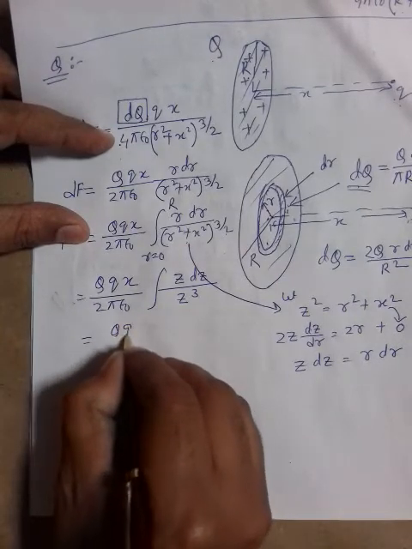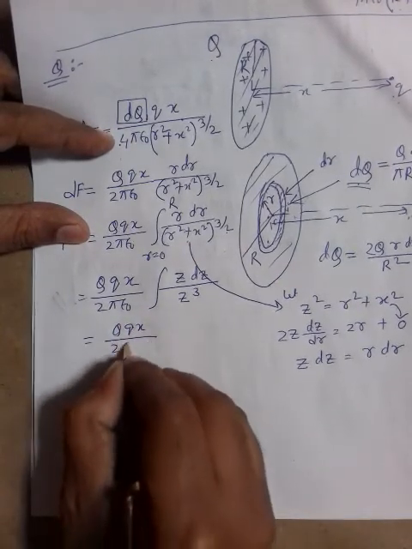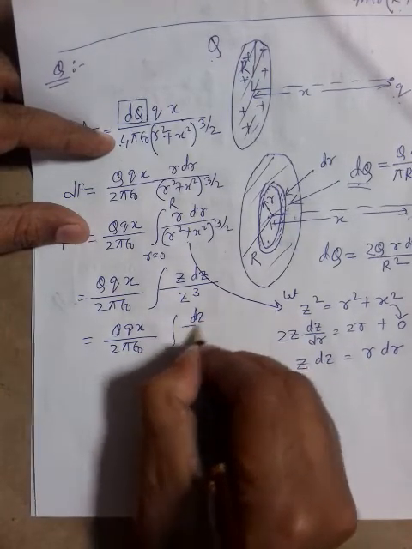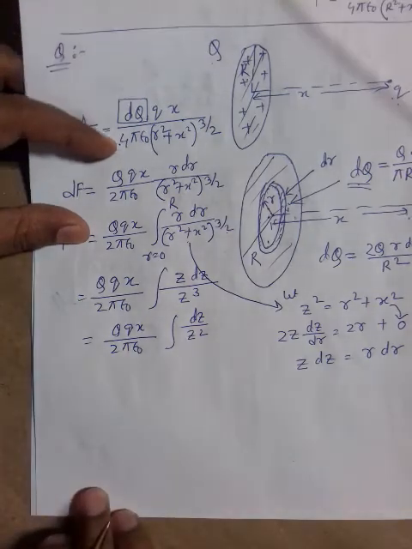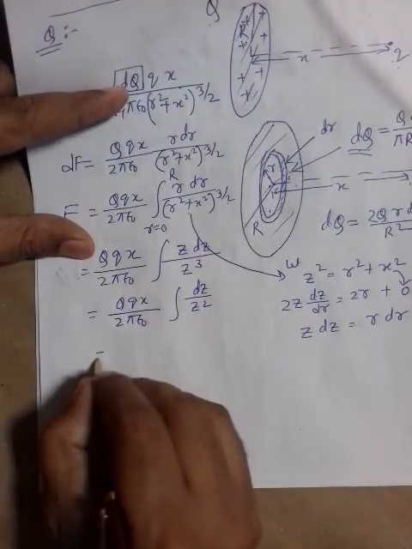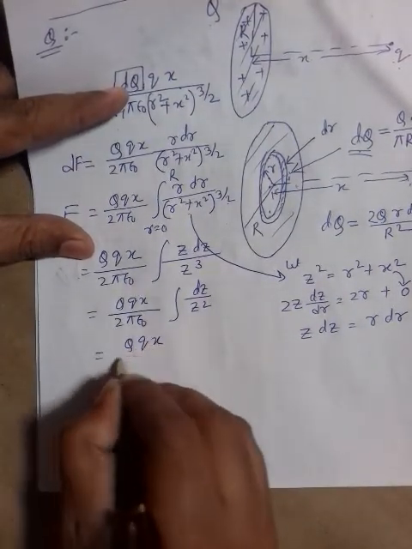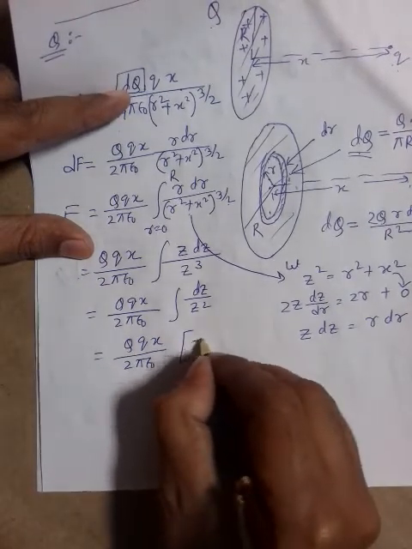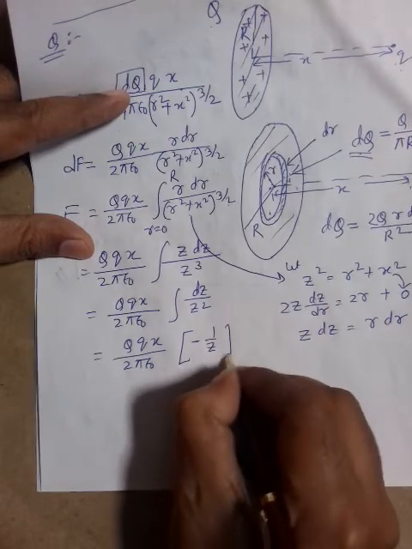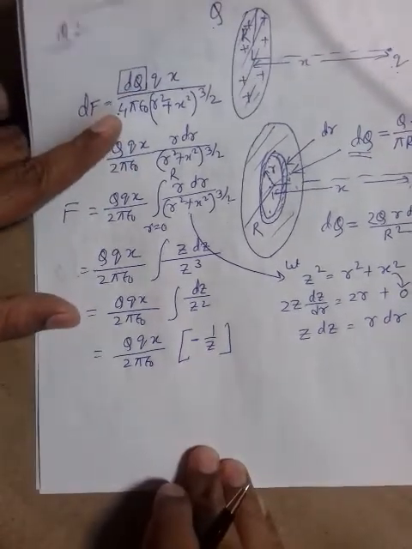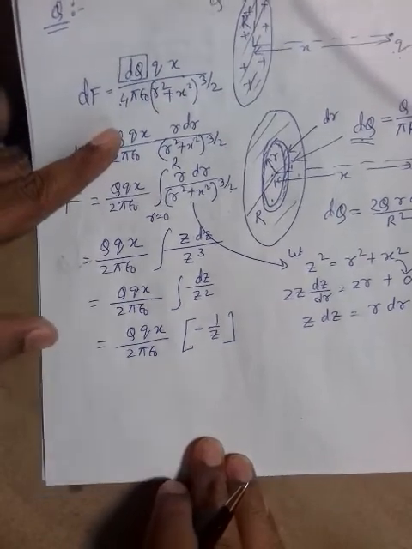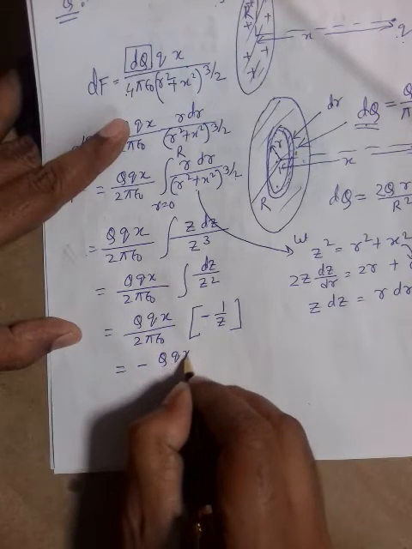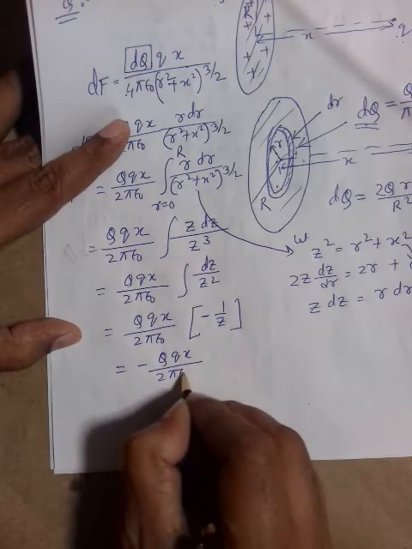So capital Q small q x by twice pi epsilon naught is integration of dz by z square. Integration of dz by z square is minus 1 by z, coming directly from a formula. So it is minus of capital Q small q x by twice pi epsilon naught.